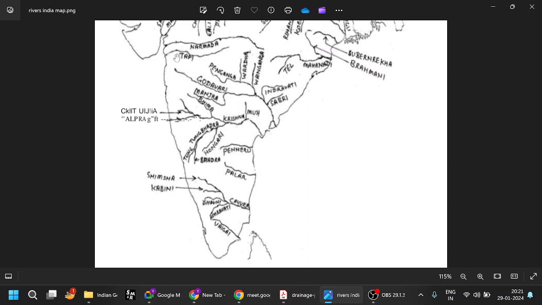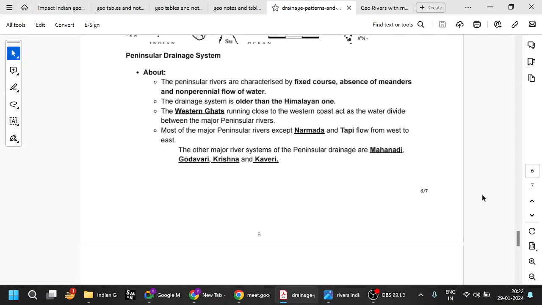We'll see it covers Maharashtra, Madhya Pradesh, Karnataka, Telangana, and Andhra Pradesh. We'll see everything. Once we start solving the questions, only then you will get the depth of what kind of questions can be asked. So just by reading theory, we will never be able to get to that level of depth. Once you start answering questions, we'll really get into that depth.